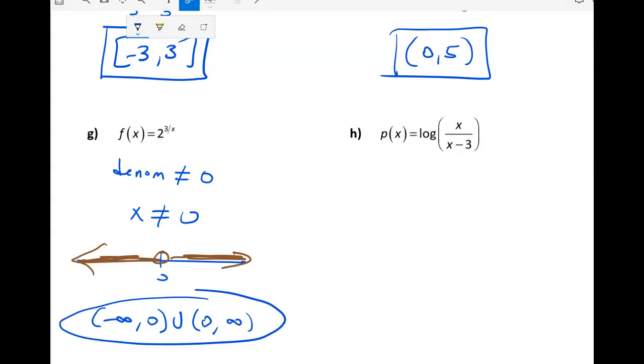And lastly, we have a function p of x that's a logarithmic function. So we need to concern ourselves with the inside of the logarithm. And the inside of a logarithm has to be greater than 0.